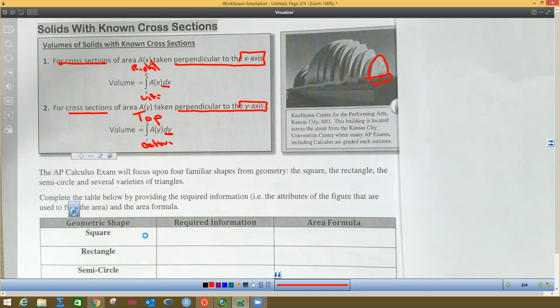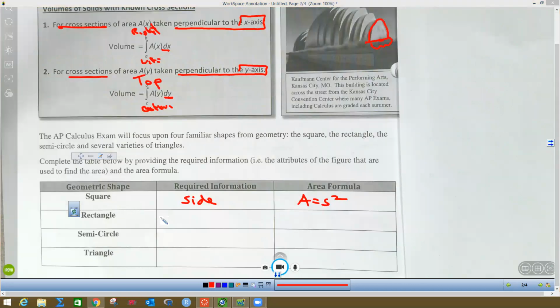So hopefully you know the important information for squares. You have to know the length of a side, because the area is side squared. And then for a rectangle, you need to know the length and the width. Some people call it base and height. That's fine too.